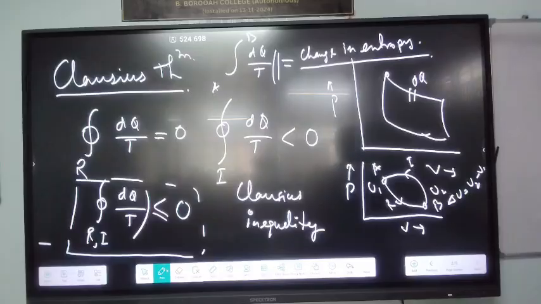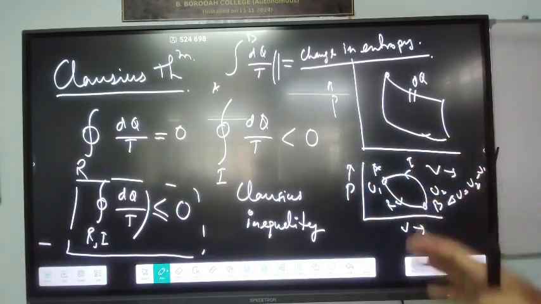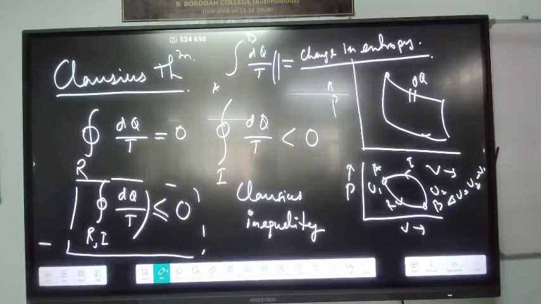A closed integral means we are coming back again. But for change in entropy we do not come back; we go from one state to another. So the Clausius theorem is for a closed path.